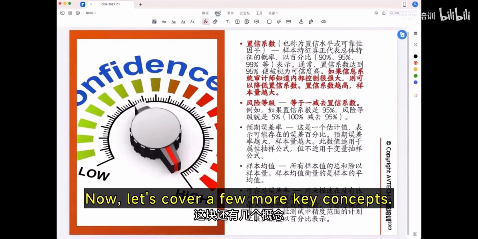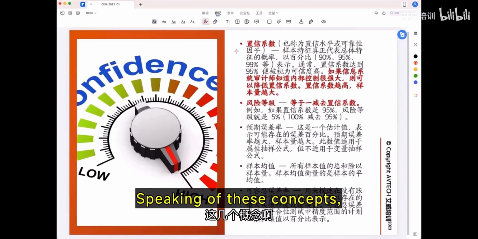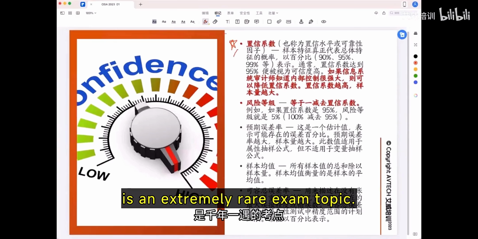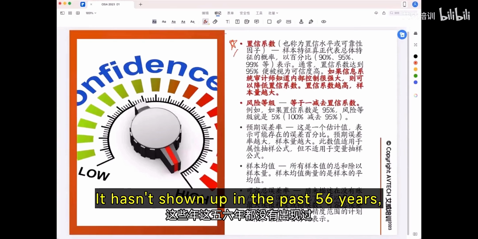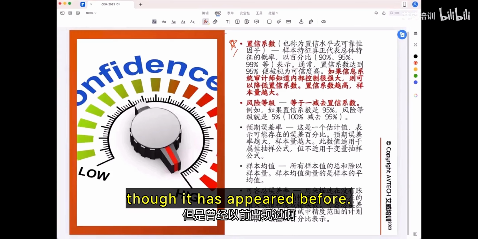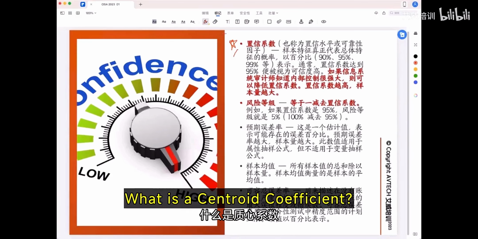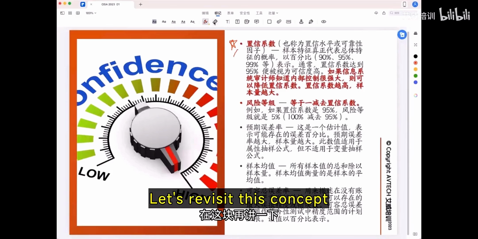Now, let's cover a few more key concepts. Speaking of these concepts, the centroid coefficient in the exam context is an extremely rare exam topic. It hasn't shown up in the past 56 years, though it has appeared before. What is a centroid coefficient? Let's revisit this concept.